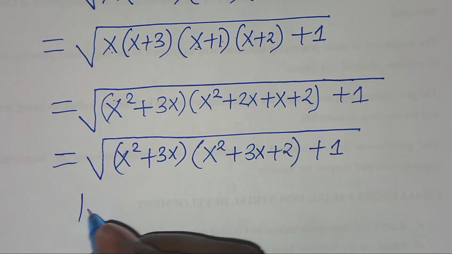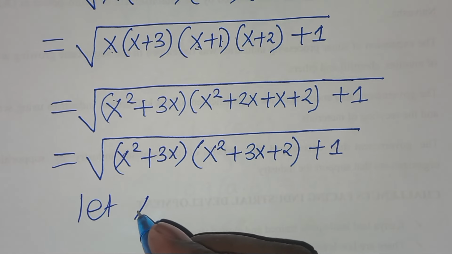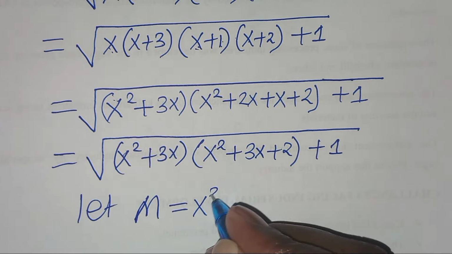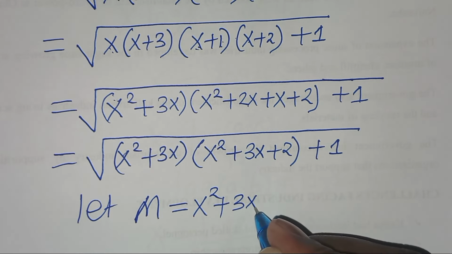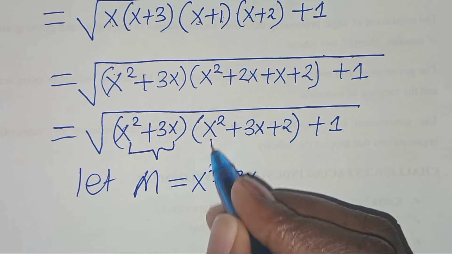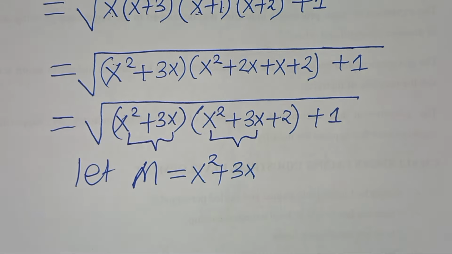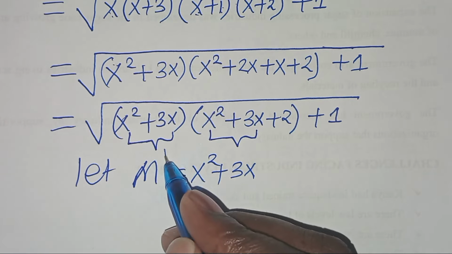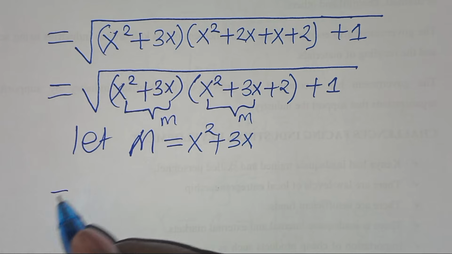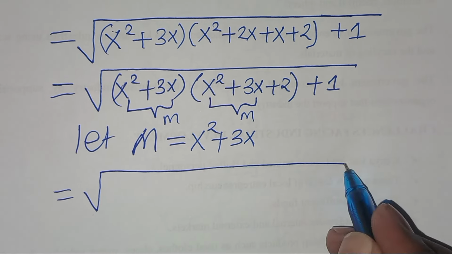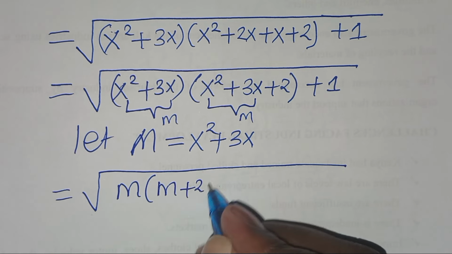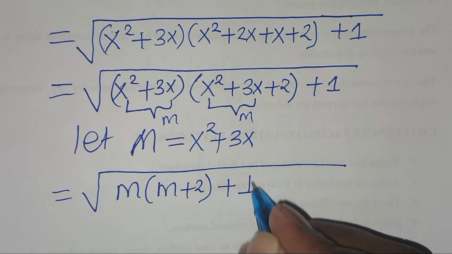The next step here, we can say let m be equal to x to power 2 plus 3x. You can see this part here and this part here is the same. So let's call this x squared plus 3x as m. Substituting the value of m here, we'll have the square root of m multiplied by m plus 2, then plus 1.